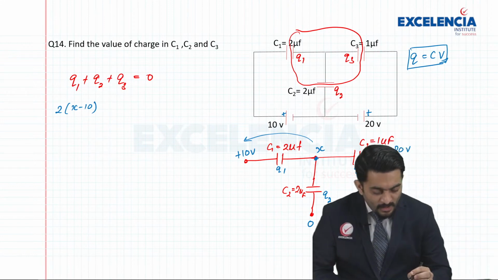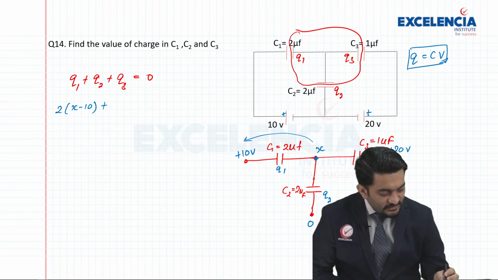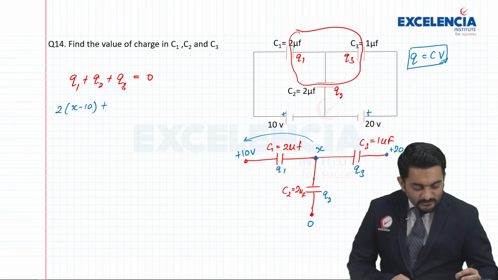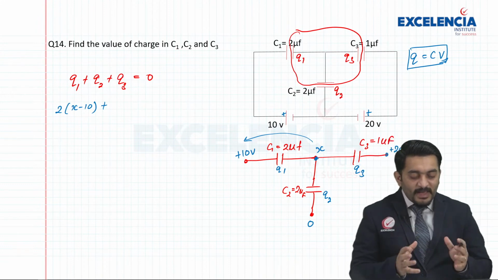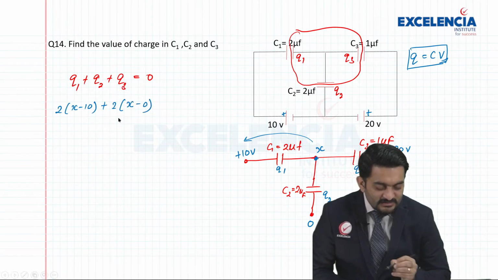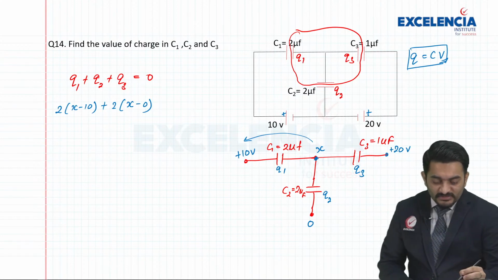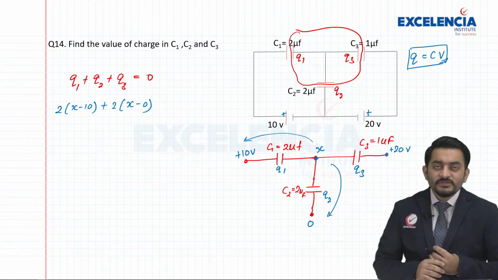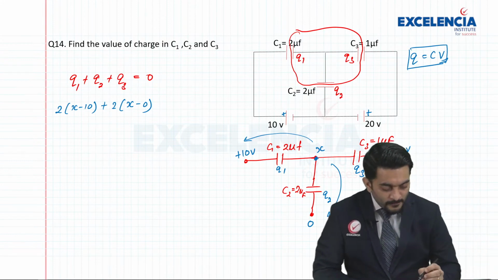Plus then your Q2 value, for which I first need my capacitance, which is 2 microfarad. So again your potential difference is X minus 0. So you can visualize that the potential difference has been written between the 2 points. I have subtracted the low potential from the high potential and parked it over there.